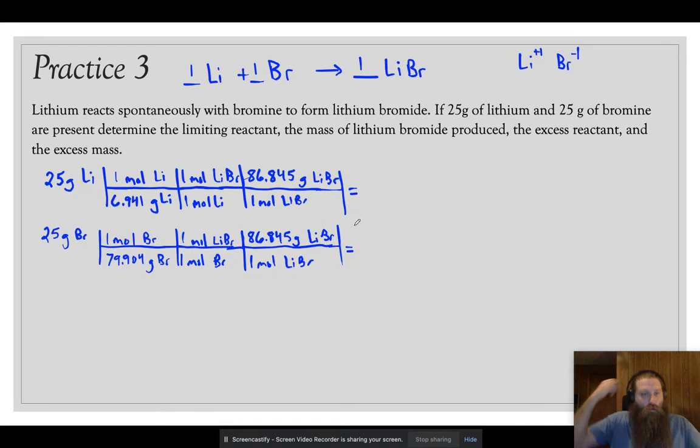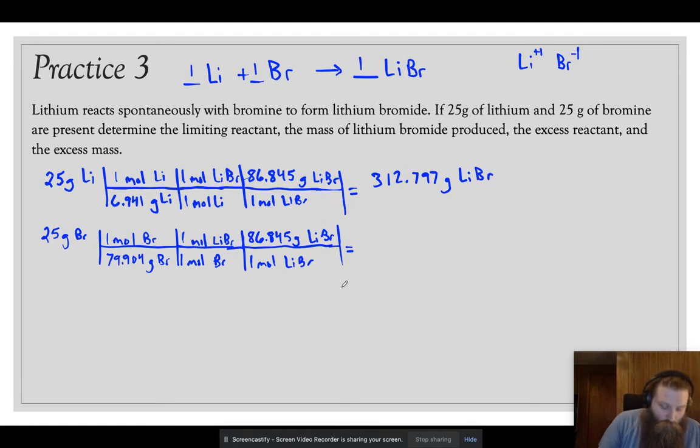All right, so let's run our numbers. 25 divided by 6.941 times 86.845 is 312.797 grams of LiBr. 25 divided by 79.904 times 86.845 is going to give us 27.17 grams of LiBr.